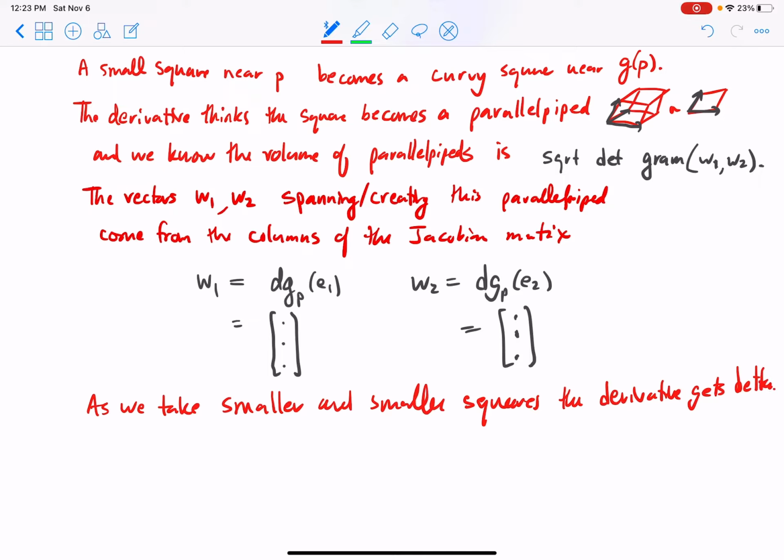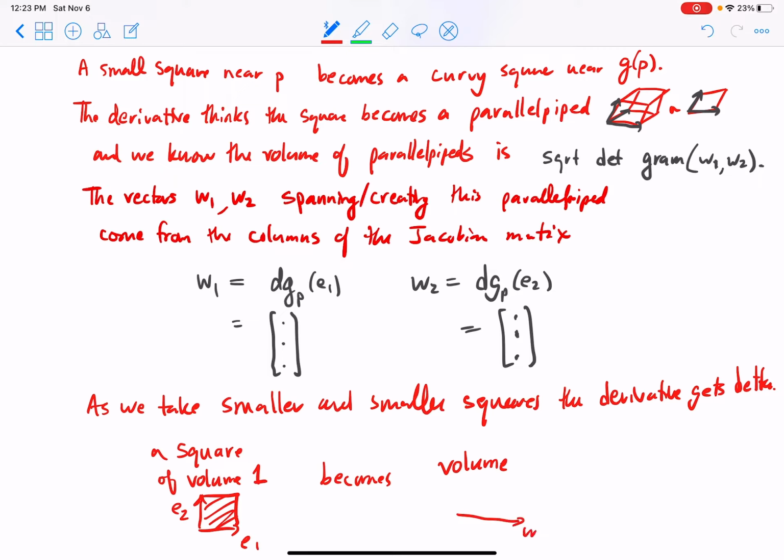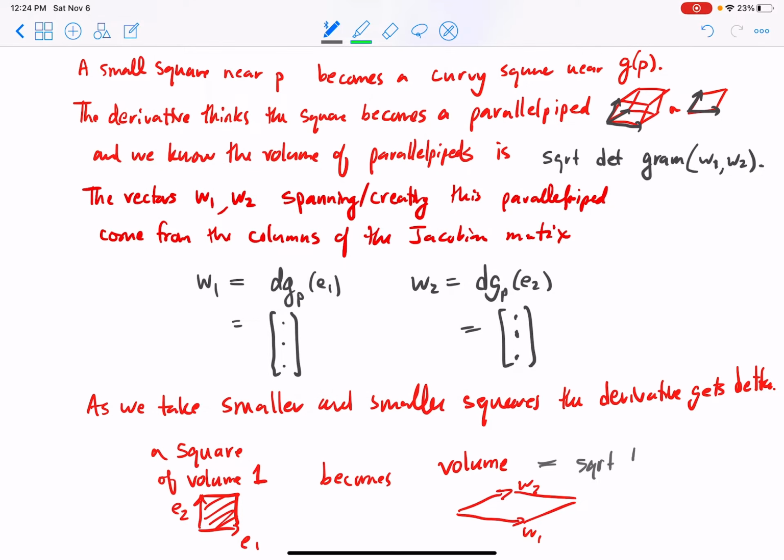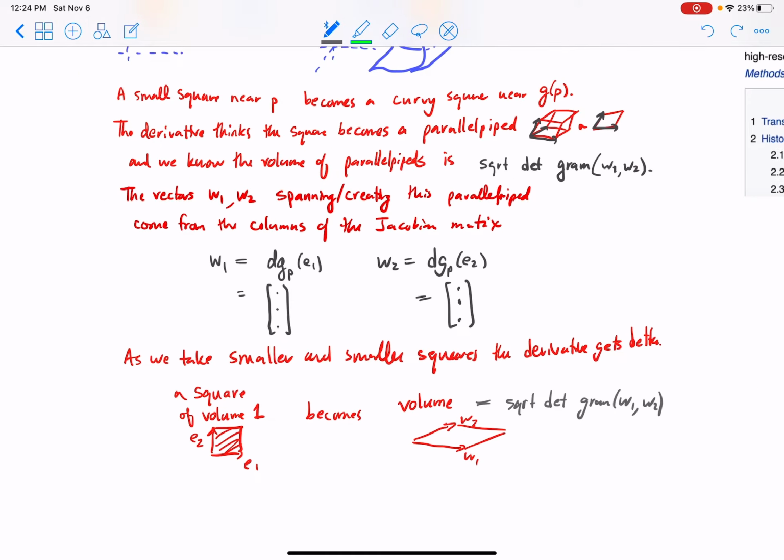So in particular, and here's the important thing, a square of volume 1 would be the square spanned by E1 and E2 becomes volume, well, W1, W2, and the volume there will be square root determinant gram matrix of W1, W2, where I had to actually tell you what W1 and W2 are, okay?